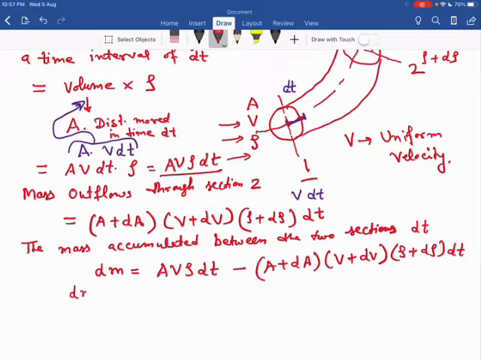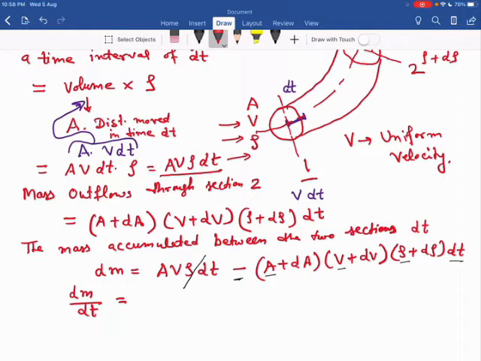Then we can write dm upon dt, taking dt to the other side. Here you see A V rho dt with a negative sign cancels with the A V rho dt term.